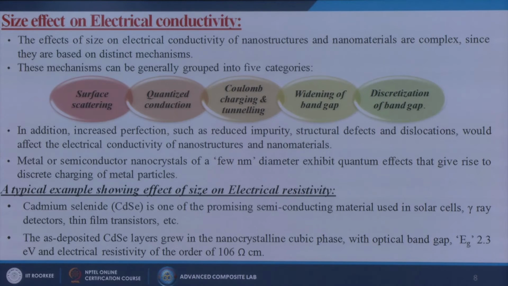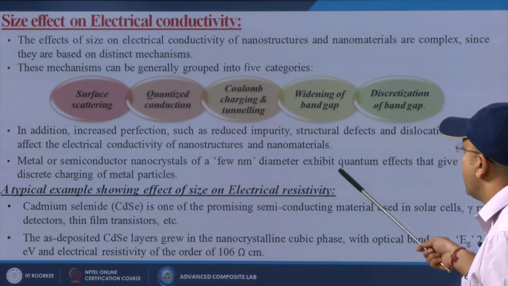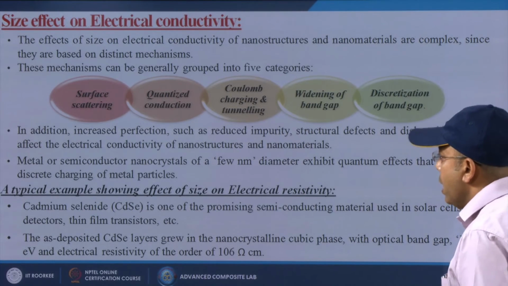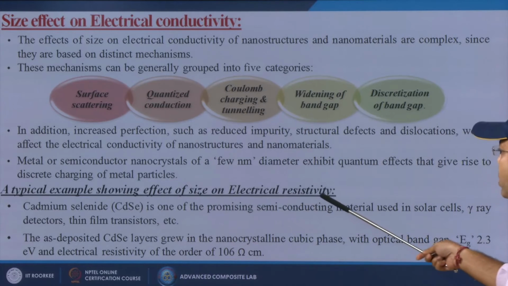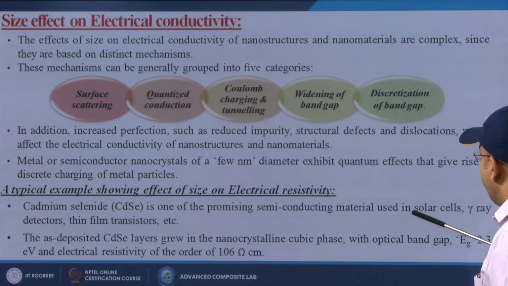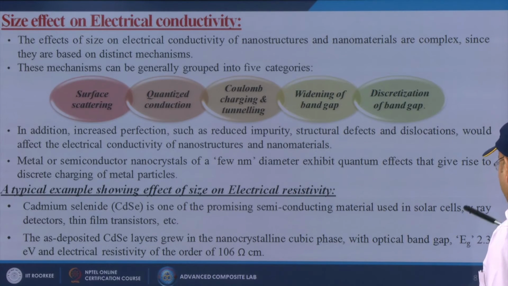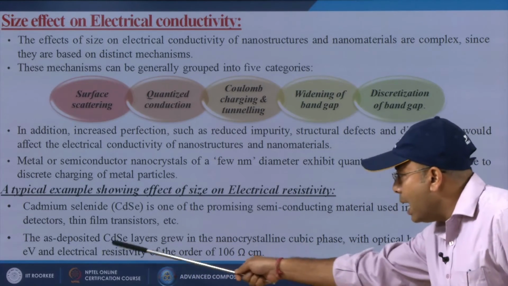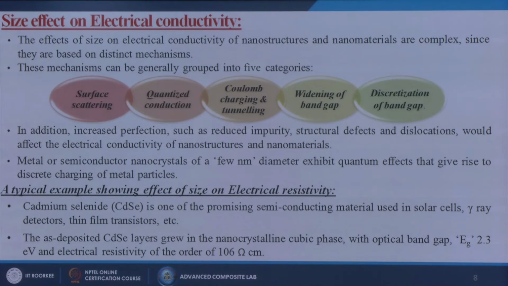Metal or semiconductor nanocrystals of a few nanometers in diameter exhibit quantum effects that give rise to discrete charging of metal particles. A typical example showing the effect of size on electrical resistivity: cadmium selenide is one of the promising semiconducting materials used in solar cells, gamma ray detectors, thin film transistors, etc. The as-deposited cadmium selenide layers grew in the nanocrystalline cubic phase with an optical band gap of 2.3 electron volt and electrical resistivity of the order of 10^6 ohm centimeter.